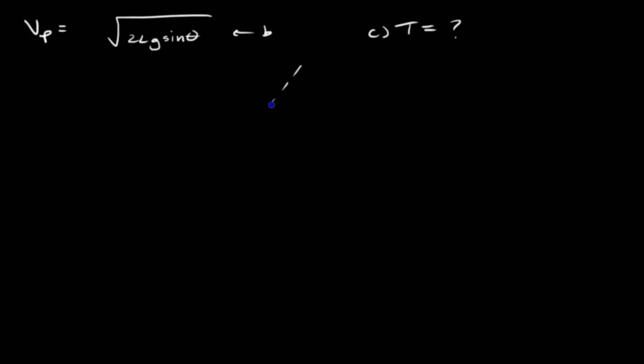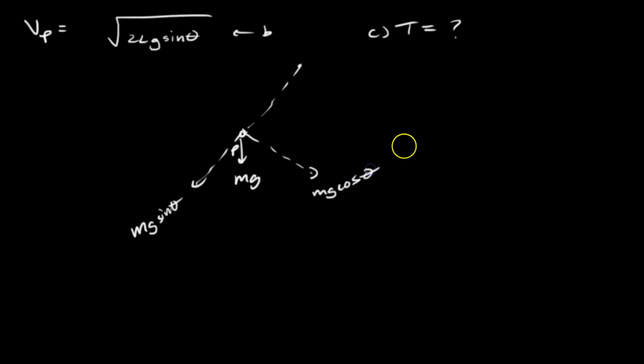So let's draw our diagram again at point P. This is P, so then we have mg down. And let's break it up into its components. Its component on the parallel side is going to be mg sine of theta. And its component on the perpendicular side is going to be mg cosine of theta, as we did with the inclined plane stuff.